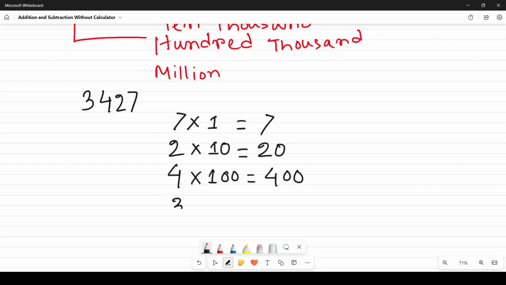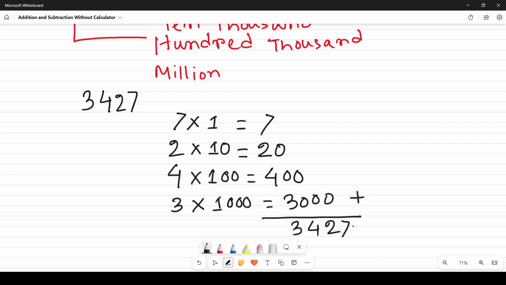And finally this 3 is in the thousands place, so it is 3000. If you add all these values, you form 3427. This is what we call the place value of a number.